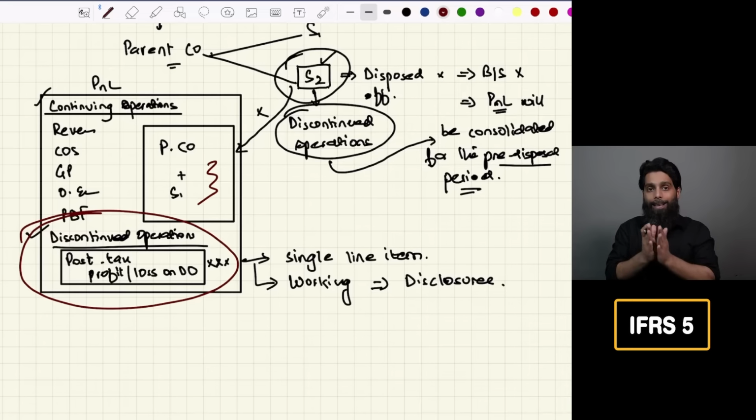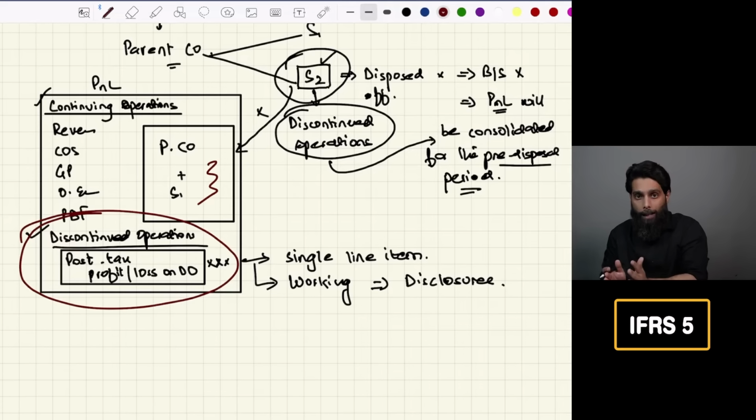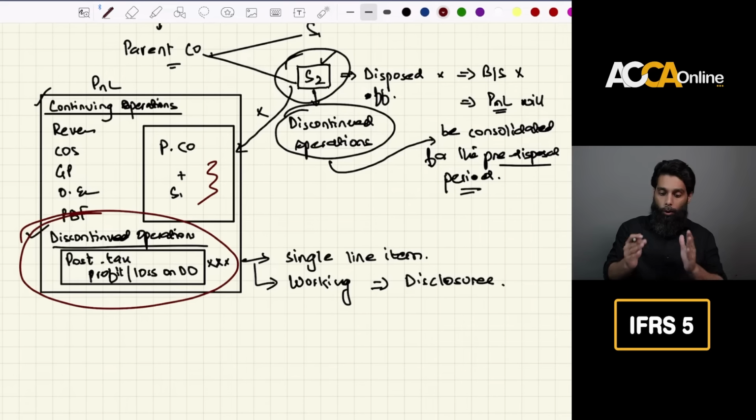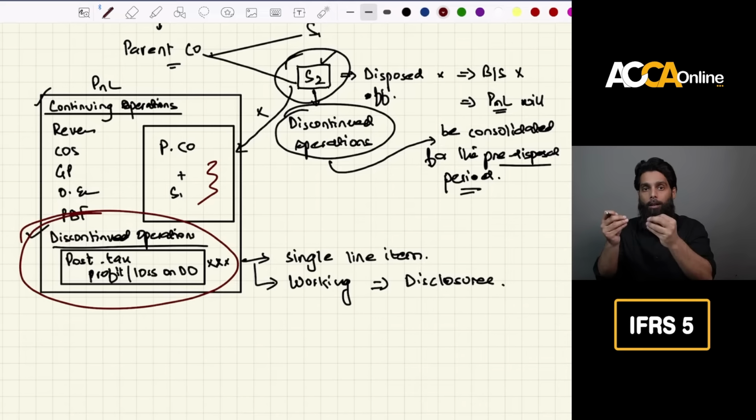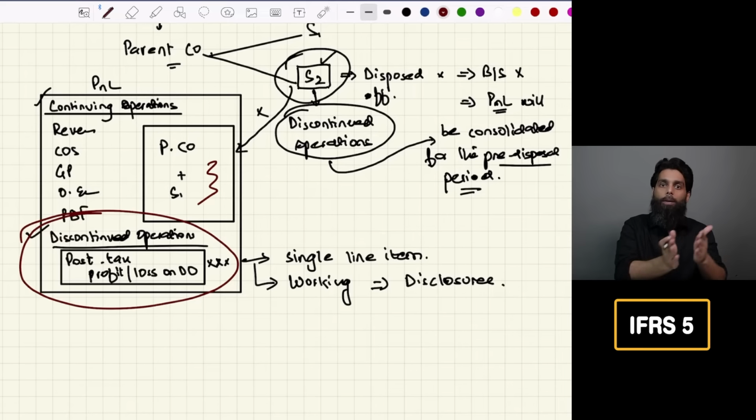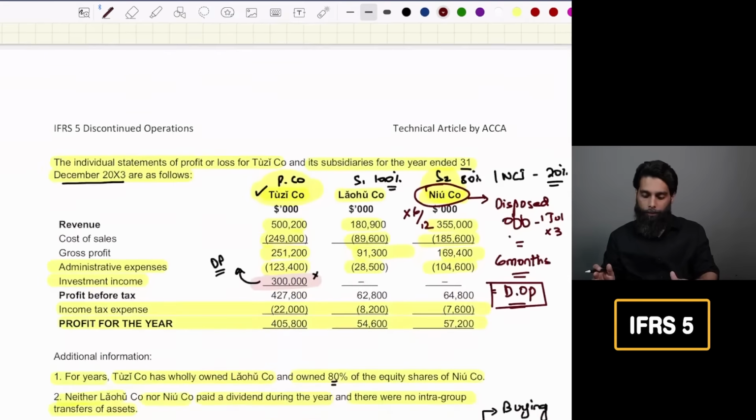Rather, you will be showing it as a discontinued operation separately, because this is one type of income that will not follow in the upcoming years. So your shareholders should be specifically told that this profit or loss relates to the Neo company, which is not going to be there next year. They need proper disclosure.